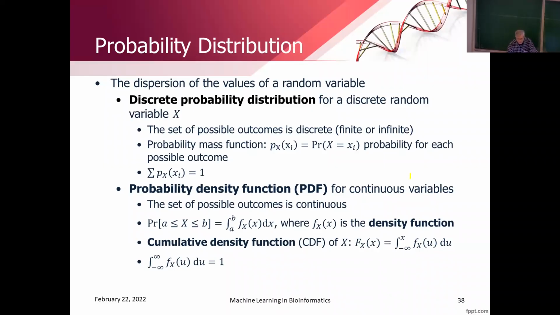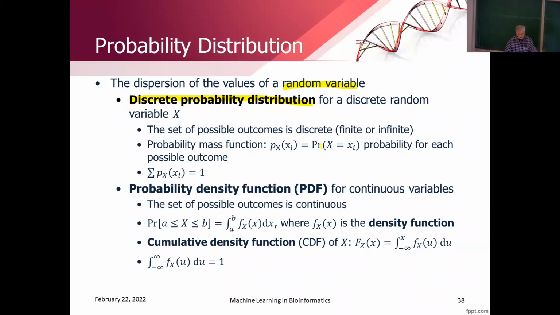So if we have a random variable, and a random variable is from a discrete probability distribution, it means that there is a discrete set of values which can be the value of the random variable.